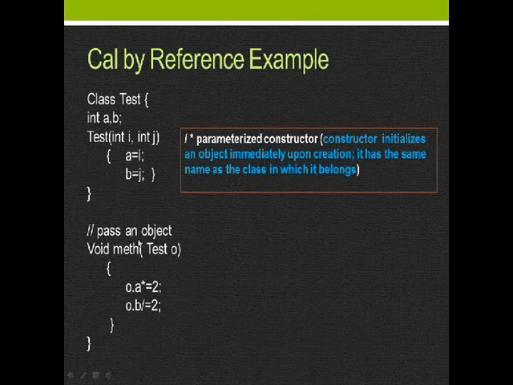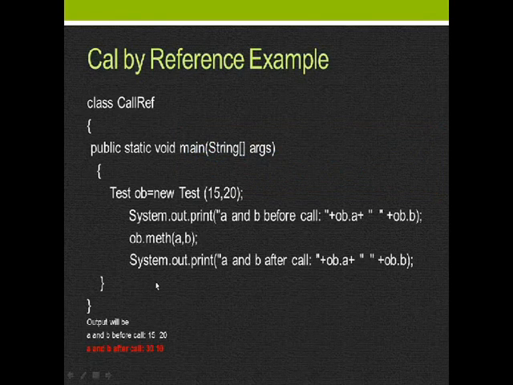Now let us pass an object. Void math(Test o), this is an object, and o.a *= 2, o.b /= 2. This is much more similar to the previous one, and let us see what happens.